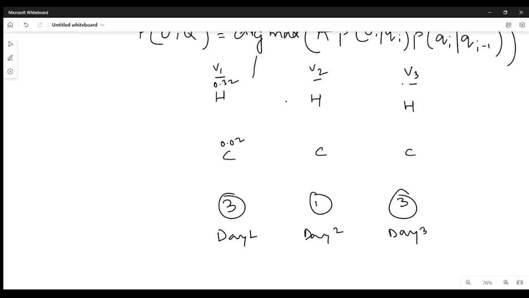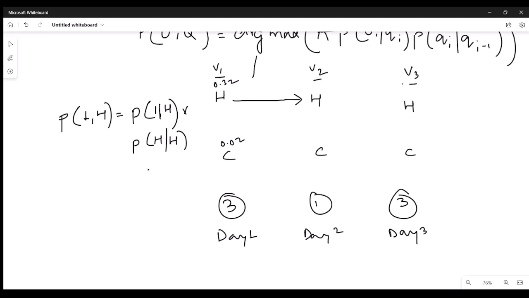Now we need to calculate the next state H, and the next state H depends on the previous state of H that has been recently calculated. So this H also has an influence on the next day being hot. So we need to identify the probability of the weather of day 2 being hot and the individual having consumed 1 ice cream, which is equal to the probability of 1 given h into the probability of today is h given yesterday was also h.